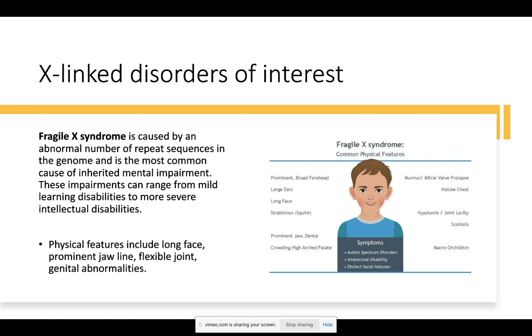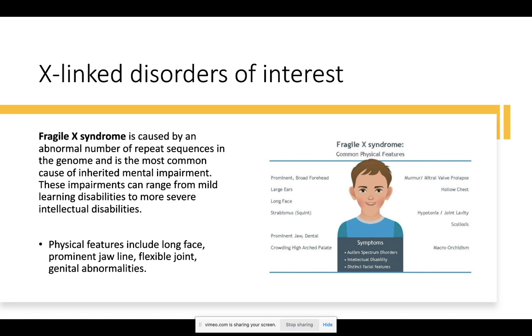Just kind of a tidbit for you. Fragile X is a syndrome that is due to an abnormal number of repeat sequences. This is actually called a trinucleotide repeat. And Fragile X has some very unique manifestations, one of those being the long face and the prominent jawline. They also have genital abnormalities where they have macroorchidism, which is just large testes.